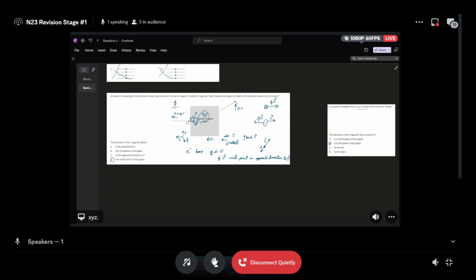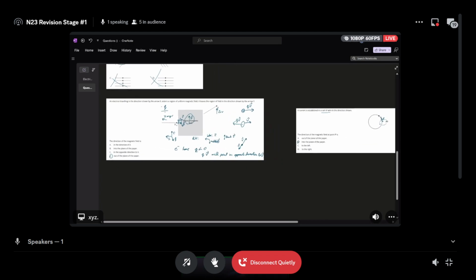And QV will always be in the same direction as current. Does that diagram help?